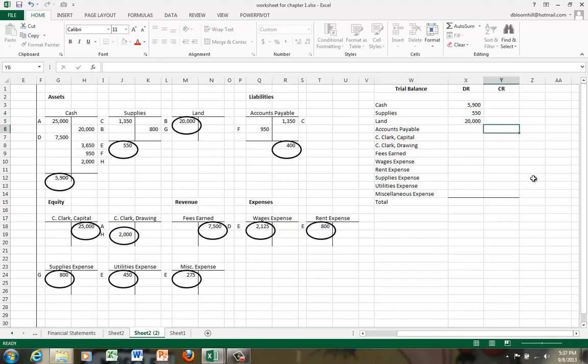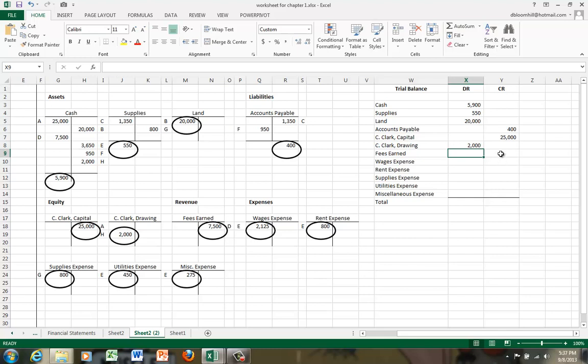Now we move to accounts payable, but accounts payable is 400 on the credit side, so that has to go in the credit column. The next account we see is Chris Clark Capital, 25,000 on the credit side, so that balance goes in the credit column. Chris Clark Drawing, though, is 2,000 on the debit side, so that one goes in the debit column.